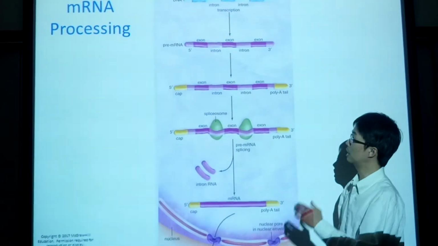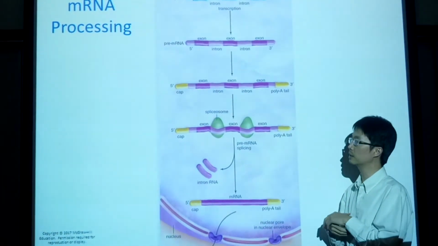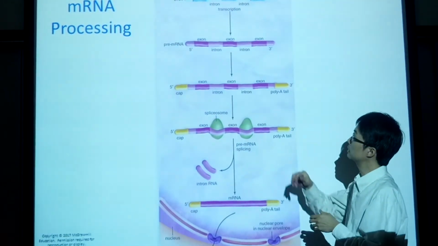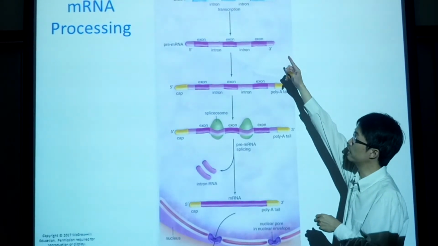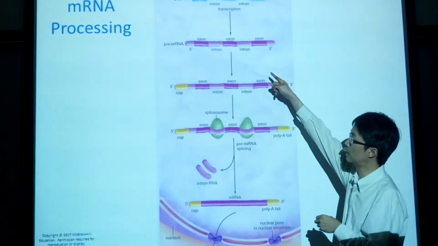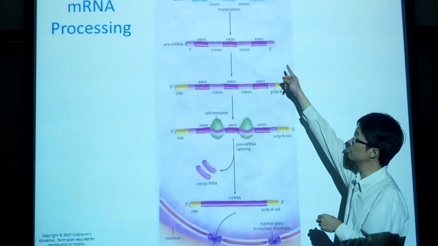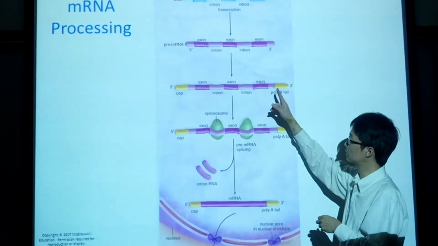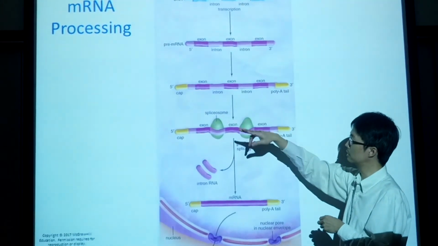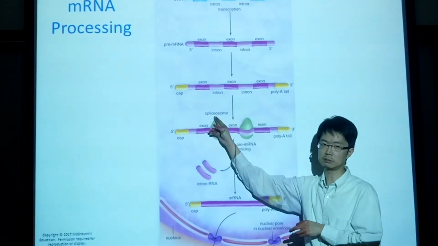So this is a schematic diagram to describe the messenger RNA processing. You can see that transcription occurs from DNA into pre-messenger RNA. The pre-messenger RNA contains exon and intron. And then you put a cap and poly A tail, the guanine cap. And then there's something called a spliceosome.